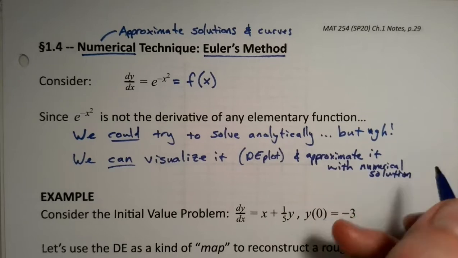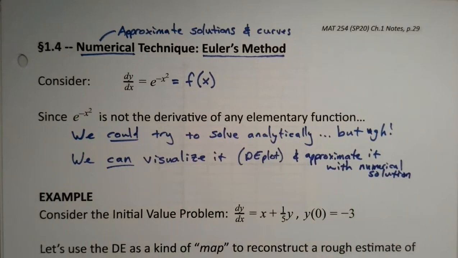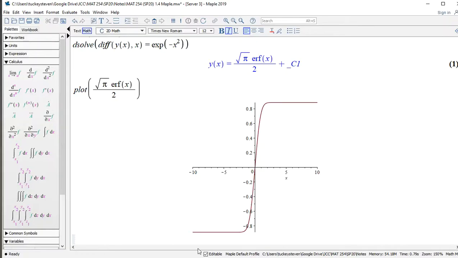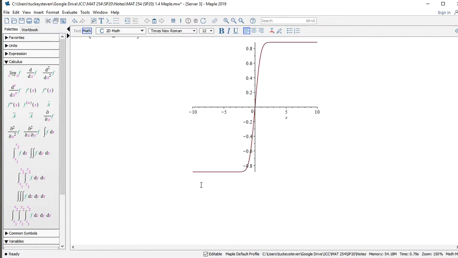Now, the reason I say we could visualize it with the DE plot is because if you remember from the last section, we can hop back over into Maple and say, hey, Maple, I'm just going to borrow this right here. Will you create a DE plot for us for this differential equation, where y of x is the dependent variable, and we're interested in going from x equals -5 to 5, and y goes from -5 to 5.